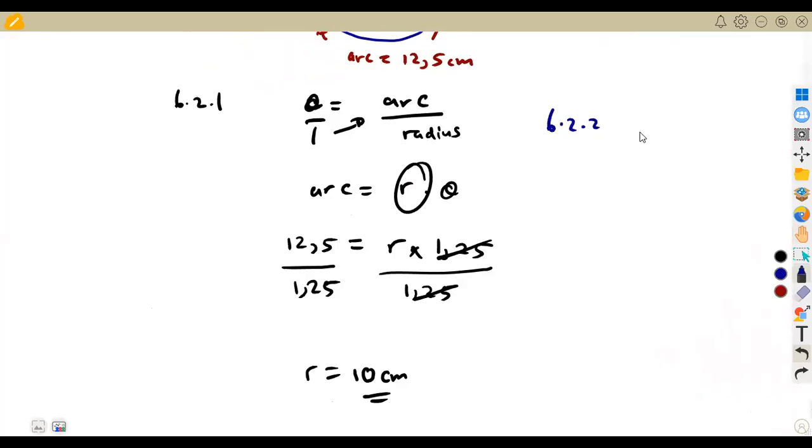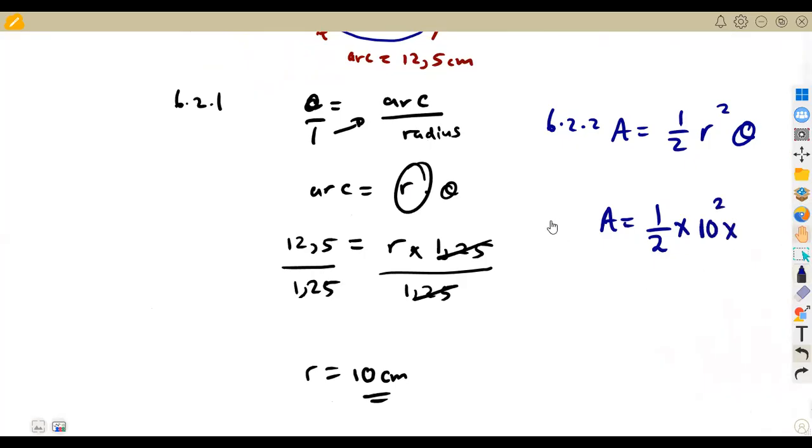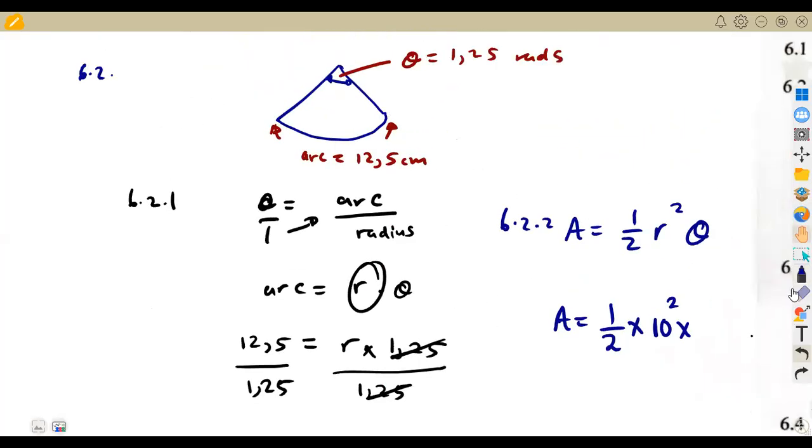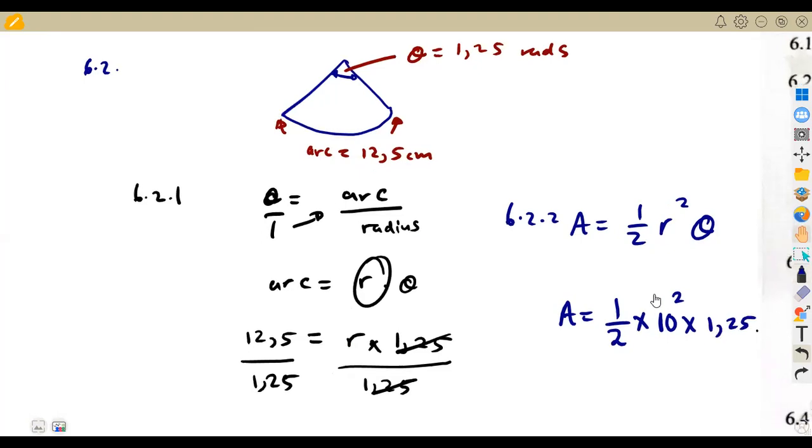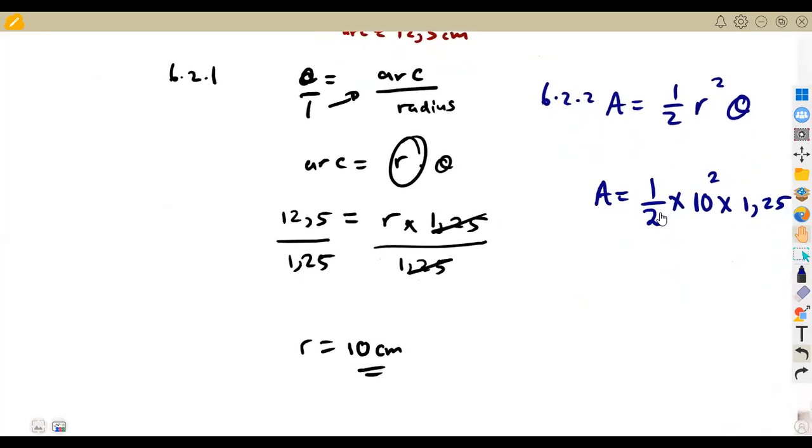So 6.22, our area, as we saw, is half r squared theta. So our area is going to be half times the radius squared, which was 10 squared, times theta, which is the angle in radians, 1.25, as it is in radians. You don't convert it to degrees.